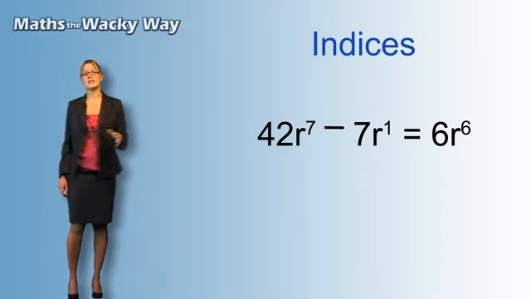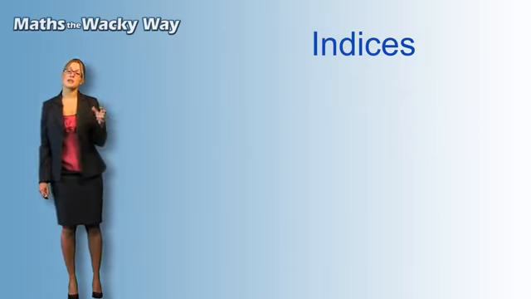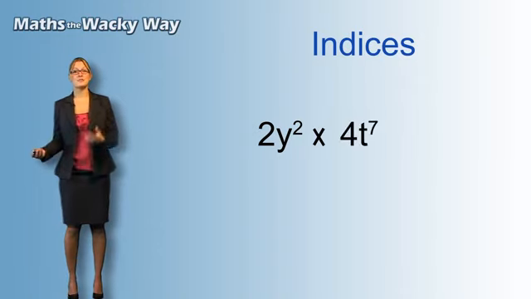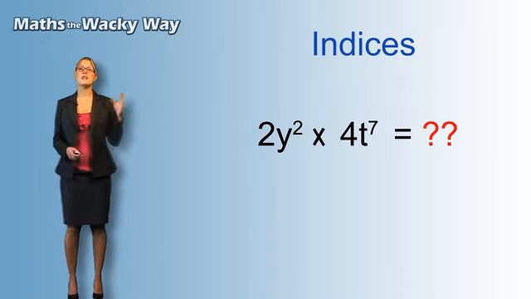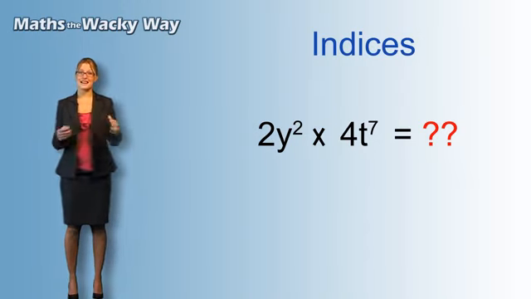Now, I mentioned at the beginning that this was only going to work if your unknowns were the same. If we just have a look at something you might see in an exam, where they mix them up, so if we've got some y's and some t's, like in this example, we can't actually do the rules that we've just looked at. So if we have 2y^2 times 4t^7, the y squared and the t to the power of 7 are going to stay as they are.